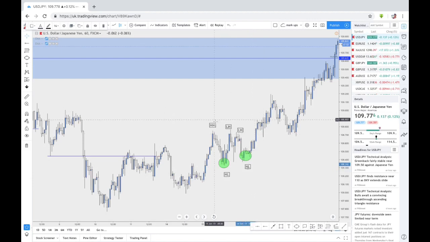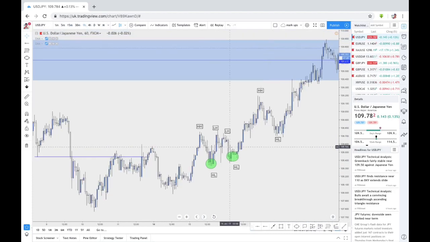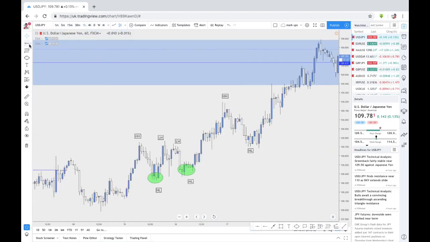And as you can see, after that, we break out and make our next higher high point, following a higher low right here in this area. So you can see how the uptrend structure is being maintained.